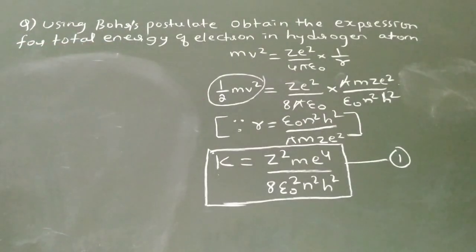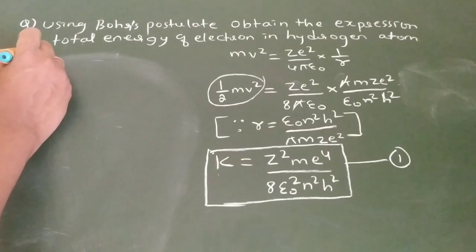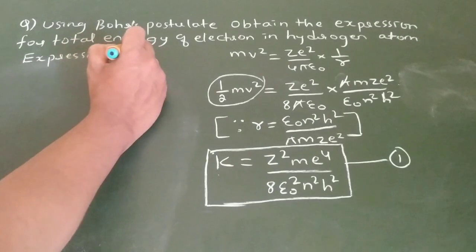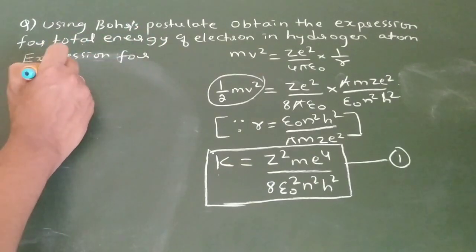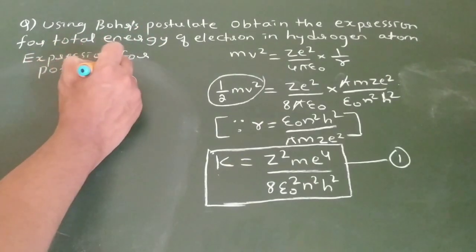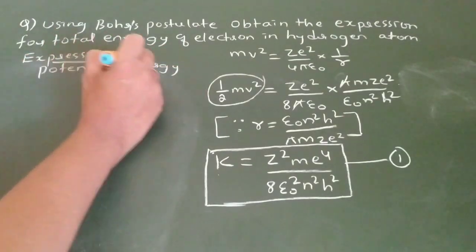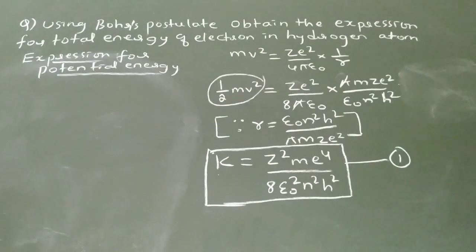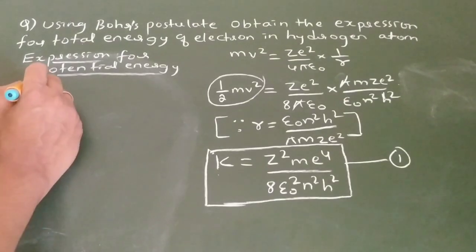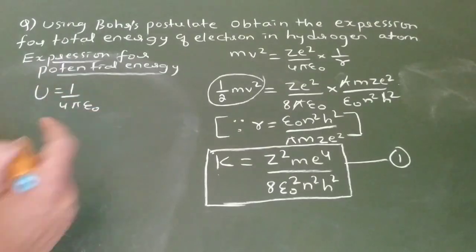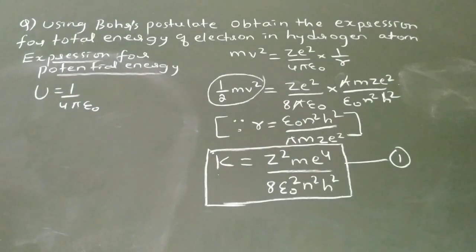Second step, write down the expression for potential energy. How to find it? From the electrostatics chapter, you know potential energy is given by 1 by 4 pi epsilon naught into q1 into q2 divided by r.